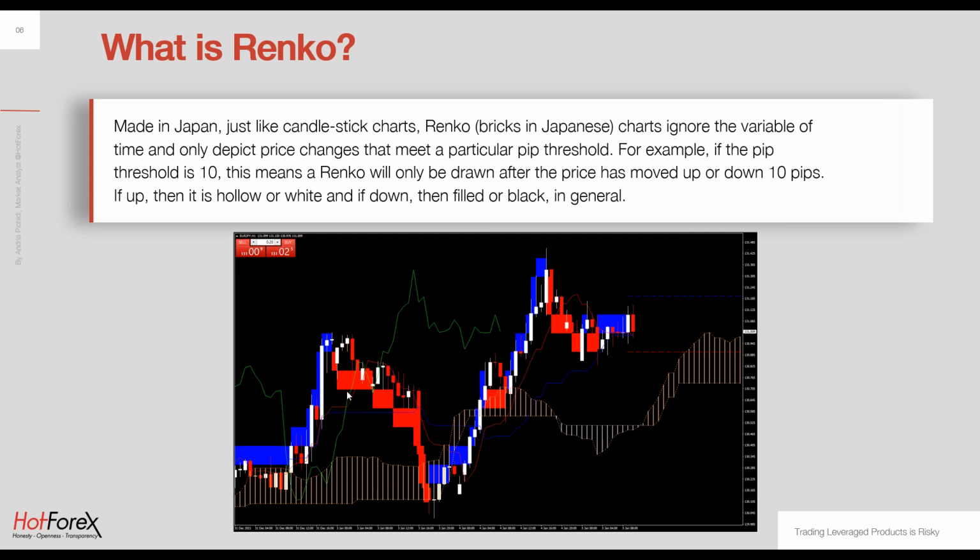So the reversal to the downside came in the very first trading day of 2022, back on Monday's trading. Okay, so this is how you need to read your charts if you are using the combined Renko and Ichimoku system.